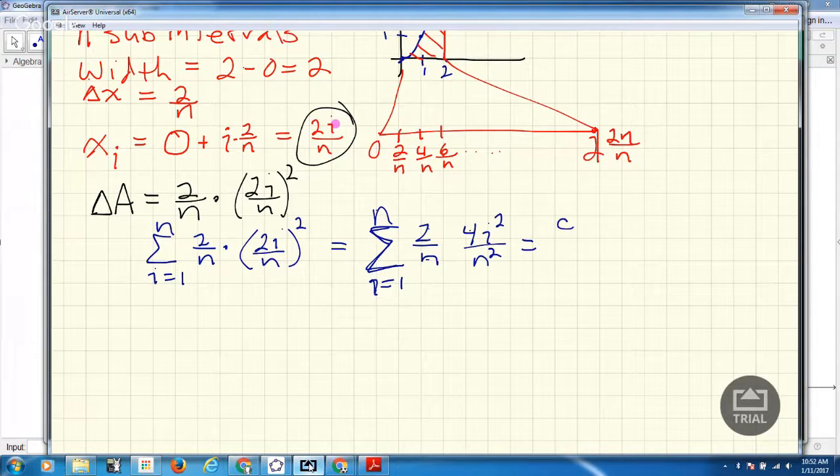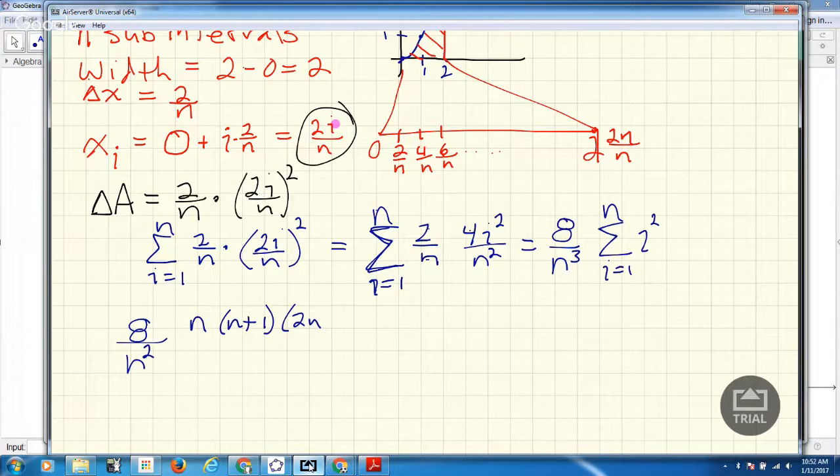So that's going to leave me on the outside a constant of 8 over n cubed, and on the inside I am stuck adding up the i squareds. And the other day in class we looked at a formula for those i squareds. So the 8 over n cubed is just hanging out. And when I add up the squares of the counting numbers, I end up with n times (n plus 1) times (2n plus 1) all over 6.